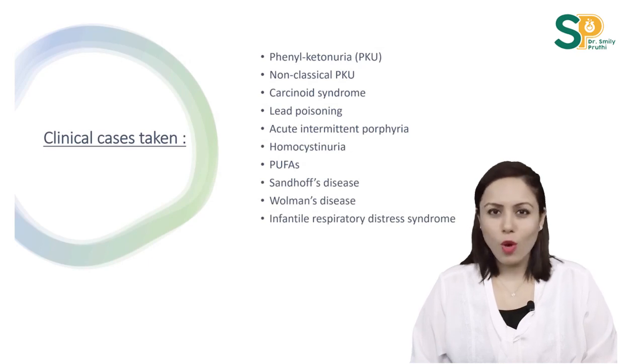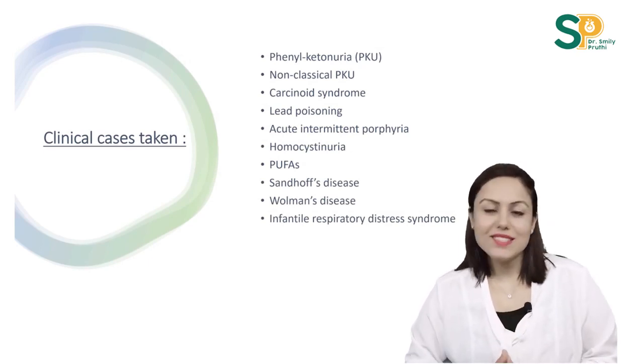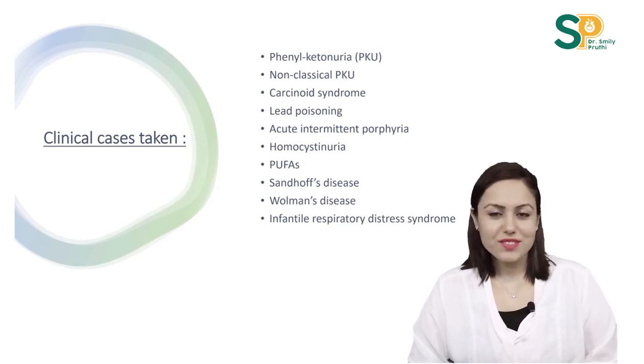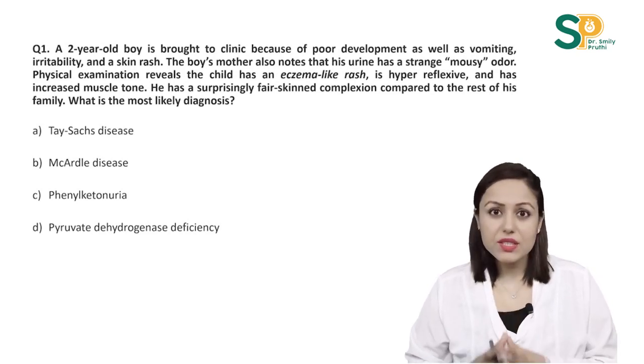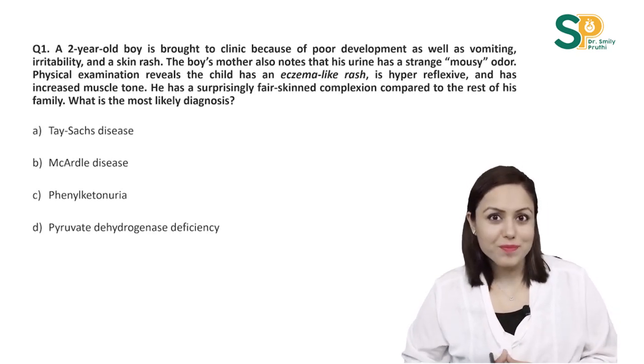So we will be covering all this in this video. So let's get started from the first question. These are going to be lengthy questions, so practice reading, and in this video do read with me carefully.